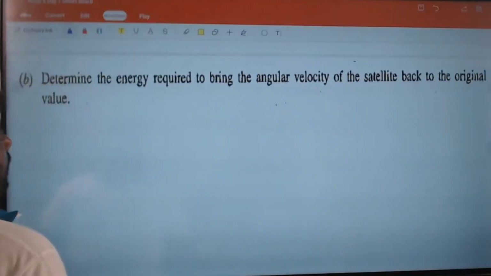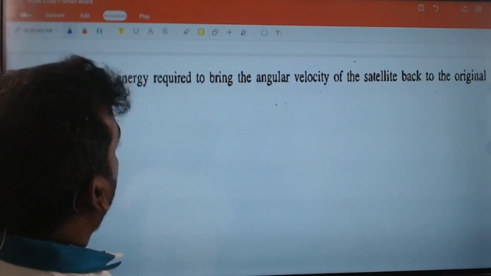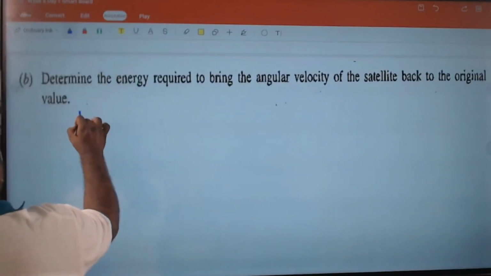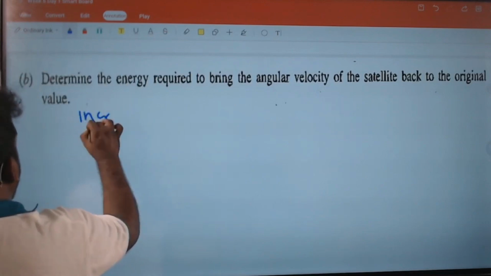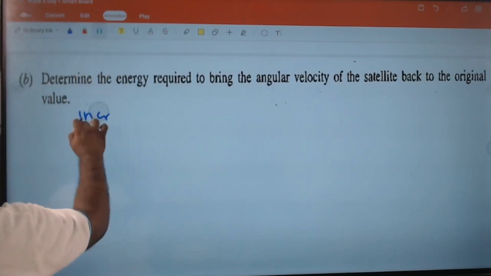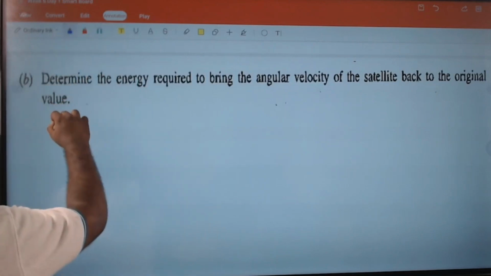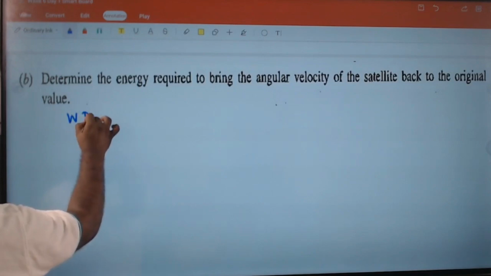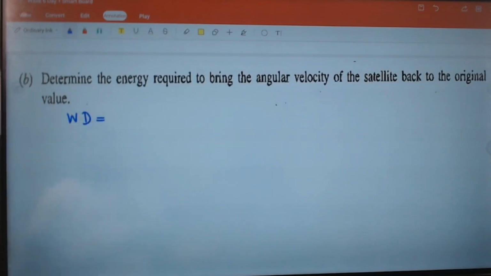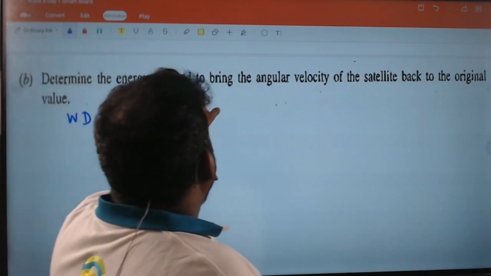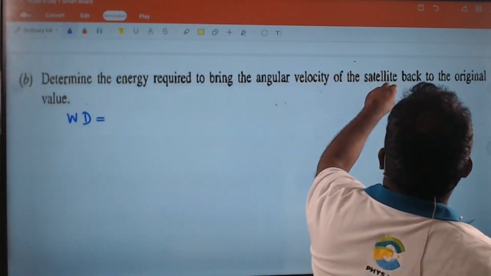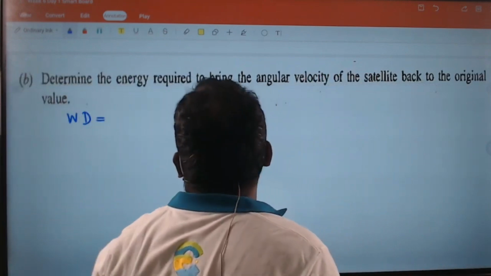Determine the energy required to bring the angular velocity of the satellite back again to the original value.